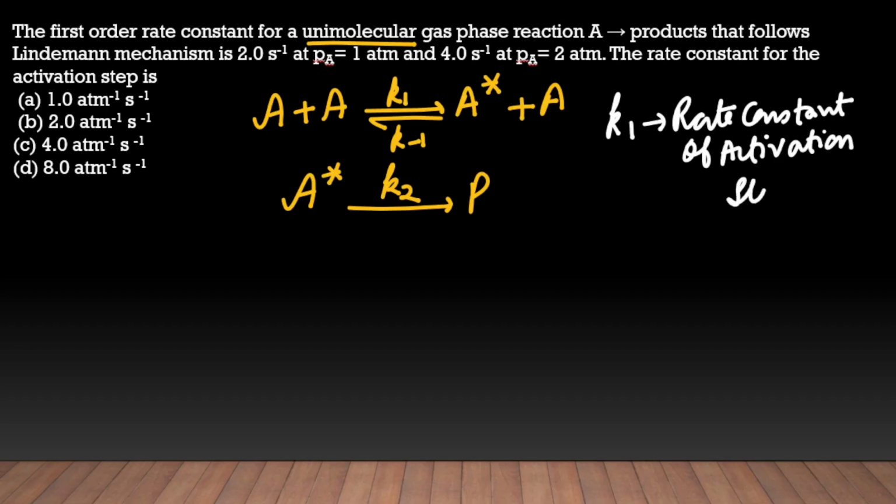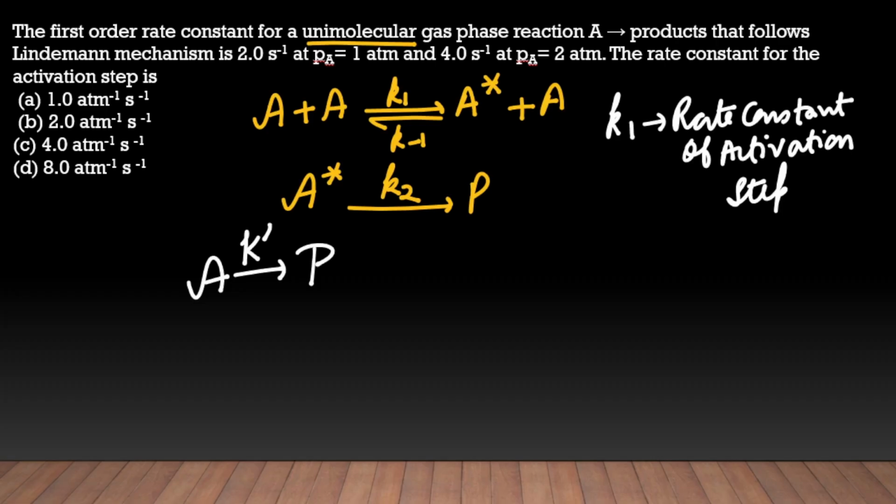So overall this mechanism is taking place, but in actual A is being converted into the product P only. So this possesses a rate constant which is called the observed rate constant.